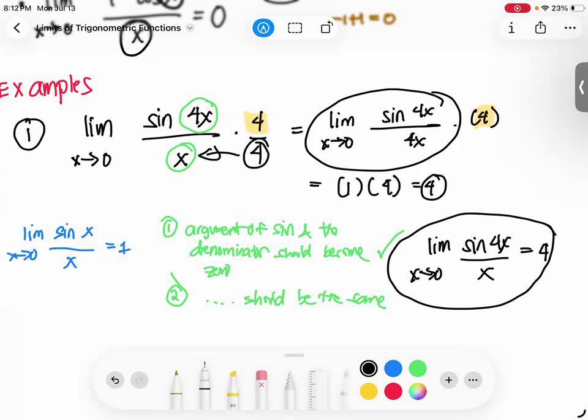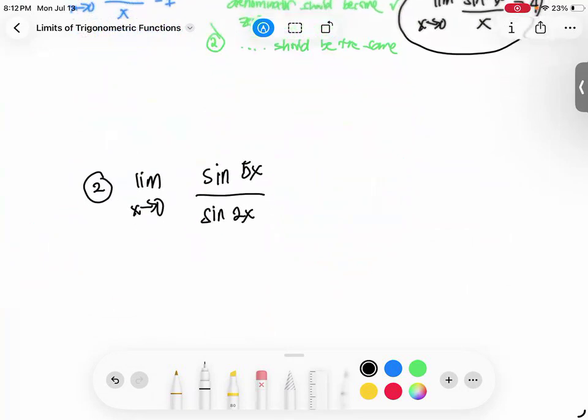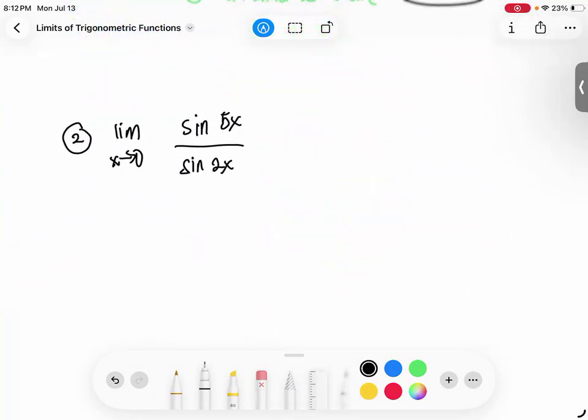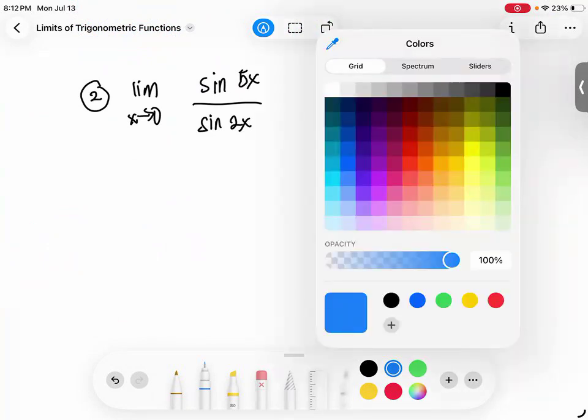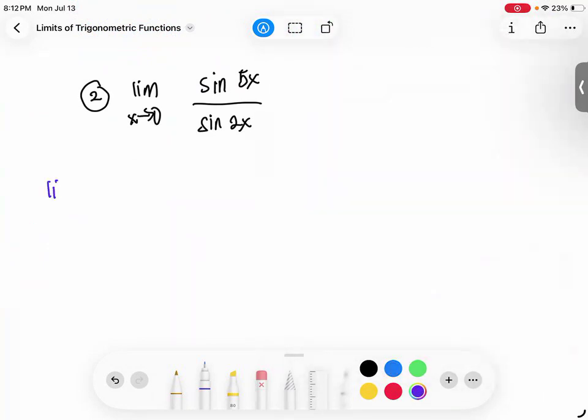Now, let's move on. Before we move on with this, I want to clarify that the limit of sine of x over x, let's go back to the identity, as x approaches 0 is equal to 1.